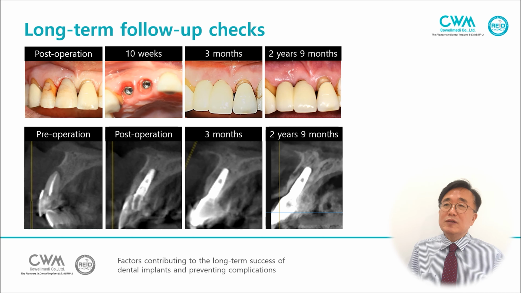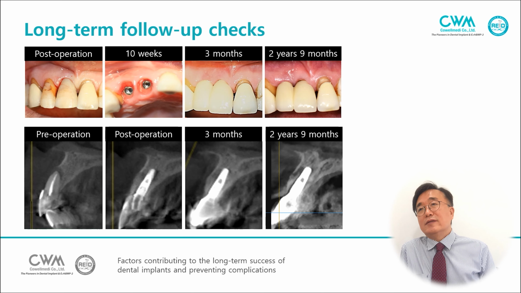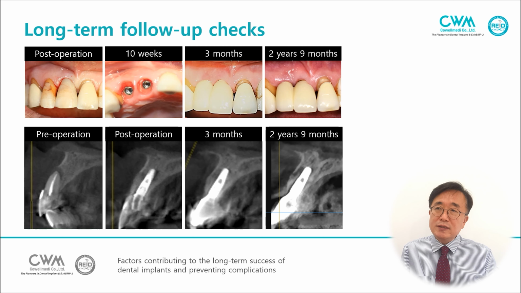Here, upper incisors, the implant is placed immediately, and the restoration is inserted at surgical time. After 10 months, after 2 years, 9 months, the buccal bone is maintained, and the gingival line is maintained.